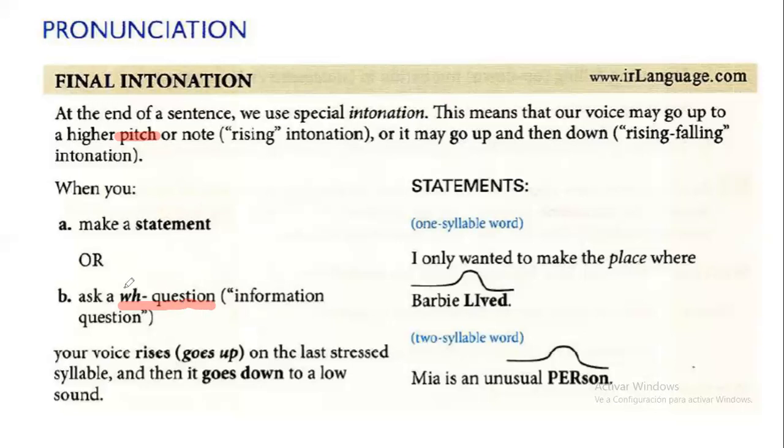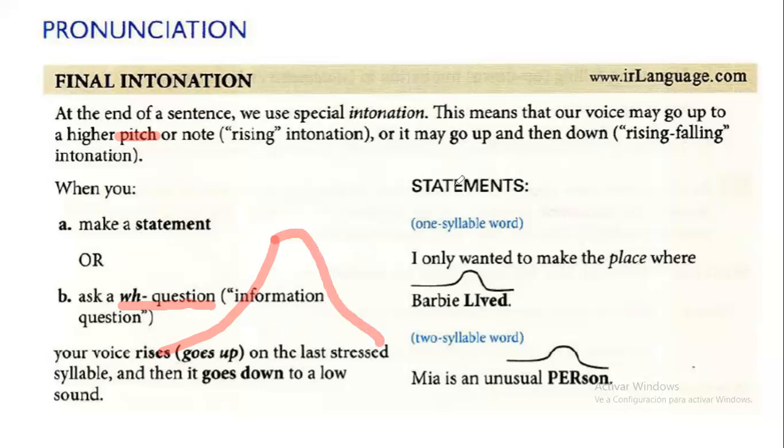Okay, when we do these two, statements or WH questions, our voice rises. That means it goes up on the last stressed syllable, and then it goes down, to a low sound.